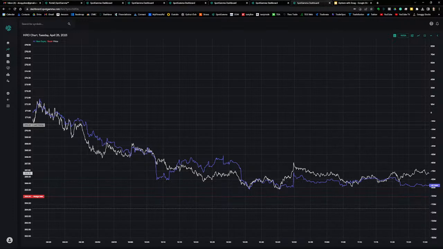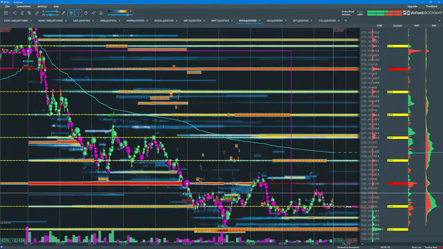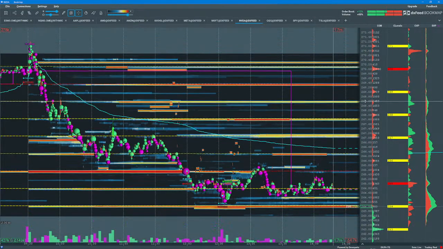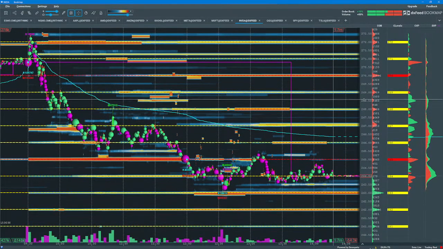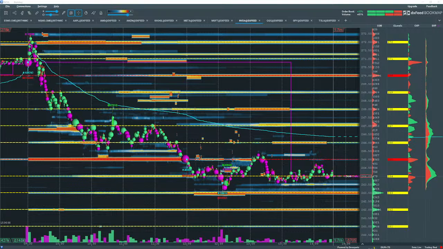So here's NVIDIA. Let's go take a look at Bookmap. And remember, 265 is the hedge wall. So there's the reversal lower just after the open at the 272 level, and the primary target at the 265 hedge wall level.